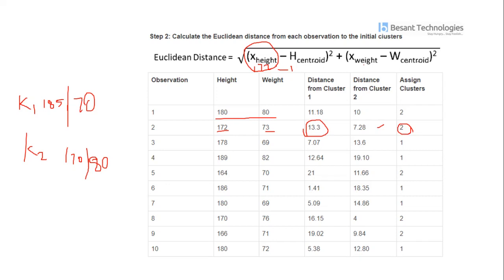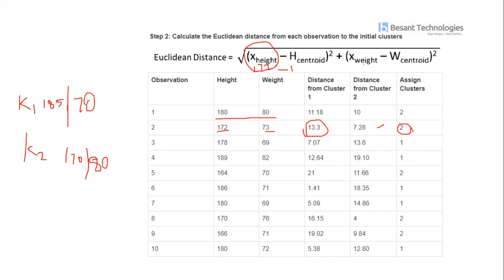We apply the Euclidean distance to the third observation in the same way. Distance 1 is 7.07 and distance 2 is 13.6. Which is nearest here? The first distance is nearest. Again comparing, the first distance is nearest. Again comparing, the second distance is nearest.